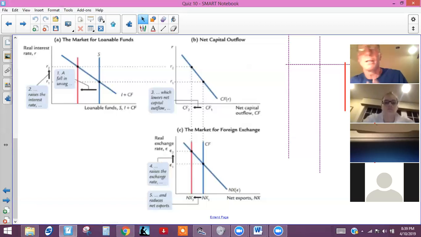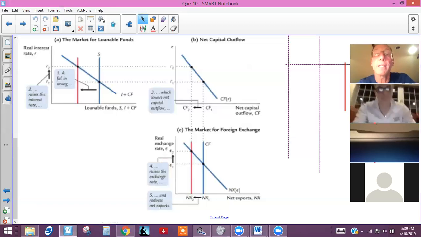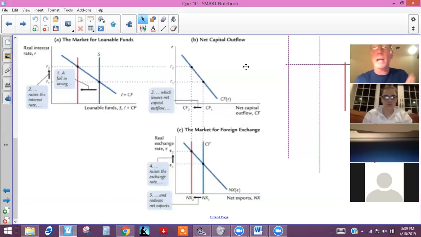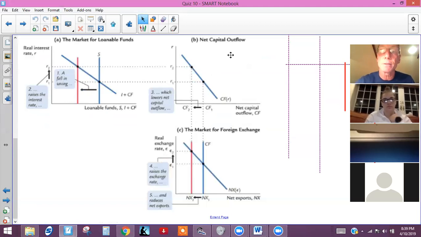This is why it's confusing. Net capital outflow means the difference between capital inflow and capital outflow changes. So when net capital outflow goes down, that could be caused by an increase in capital inflow, which makes net drop, right?